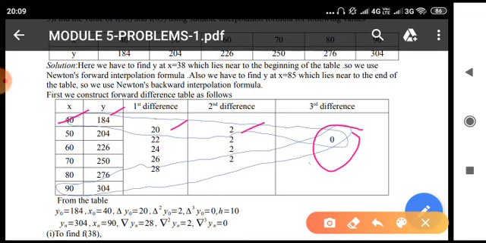Similarly, for Newton's backward interpolation formula, the values are xn is 90, yn is 304, del yn is 28, del square yn is 2, del cube yn is 0, and h is 10.